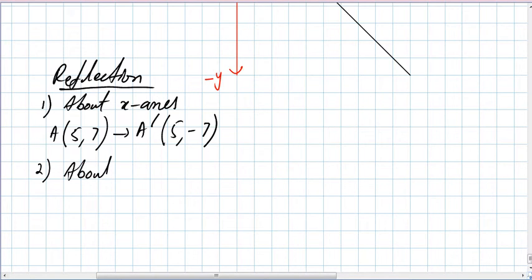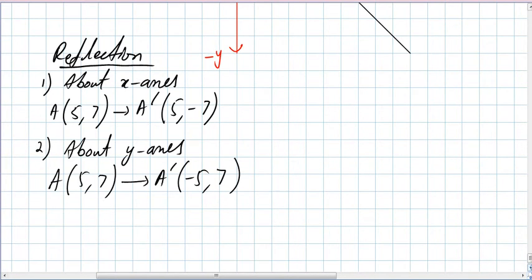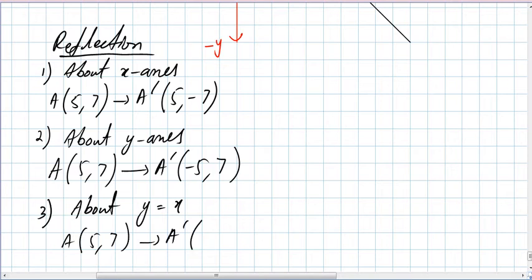Reflection about the y-axis: you will see that the point A, which was 5, 7, after the reflection A dash becomes minus 5, 7. The third one, the reflection about y is equal to x, the point A, which was 5, 7, after the reflection becomes 7, 5, x becomes y, y becomes x.